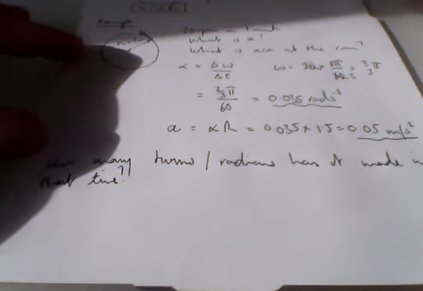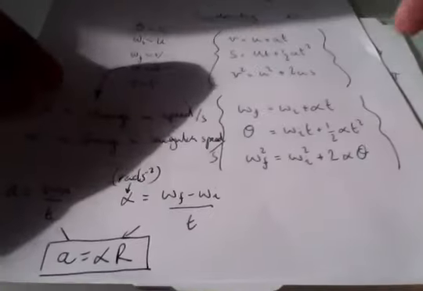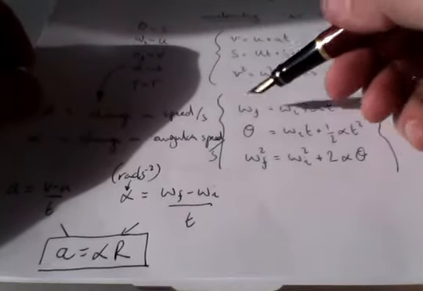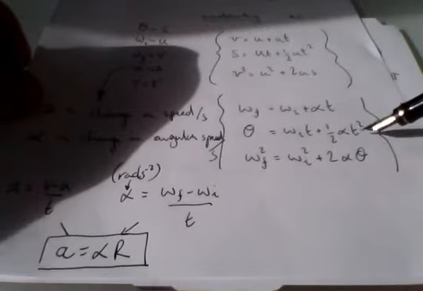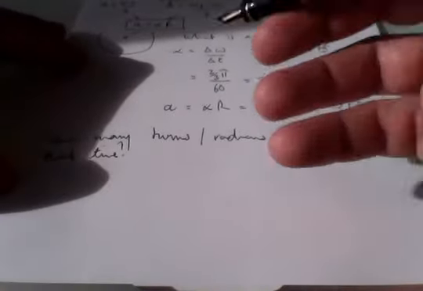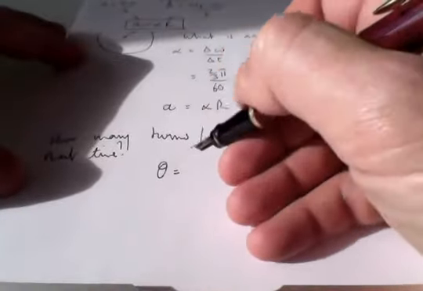We're going to employ another SUVAT equation here. How many turns has it undergone? Well, in this time, if you think you know, hit pause, otherwise here comes the answer. Let's use this SUVAT.